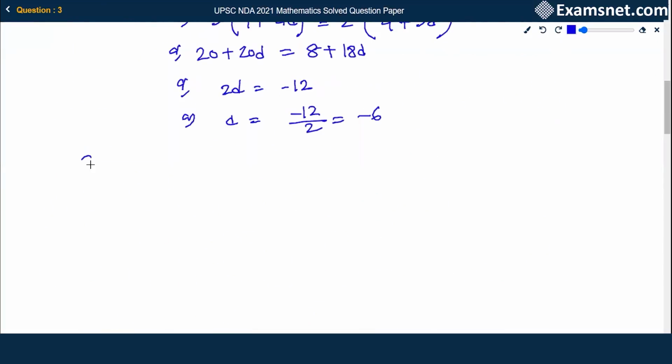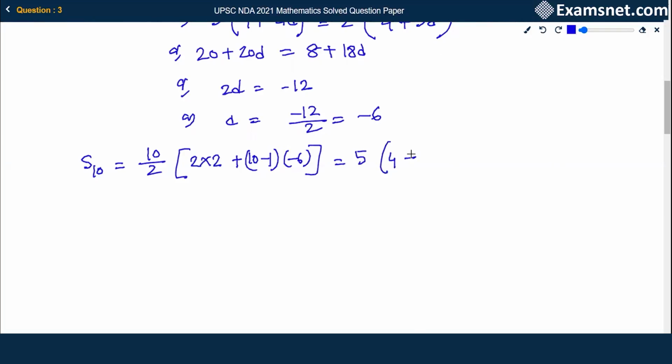So let's put each and every value in the formula. It is 10 by 2, 2 multiplied by 2 plus 10 minus 1 multiplied by minus 6. So here 5, 4 plus 9 multiplied by minus 6, 4 minus 54, minus 50.